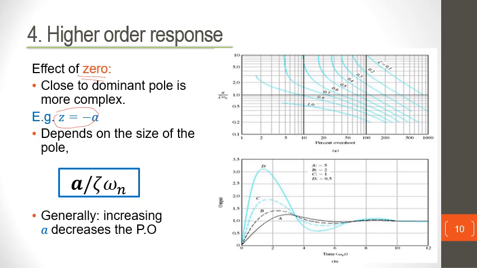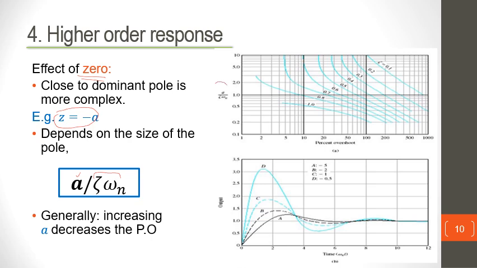Now we will see that the response which the system will give you will be closely related to this ratio, a divided by damping factor times the natural frequency. So depending on that value, you will see that you would get different behavior.